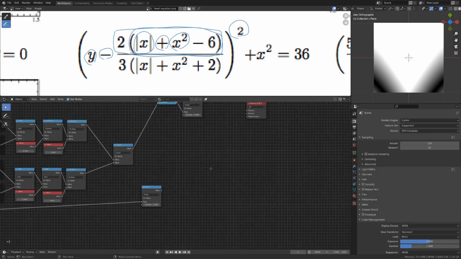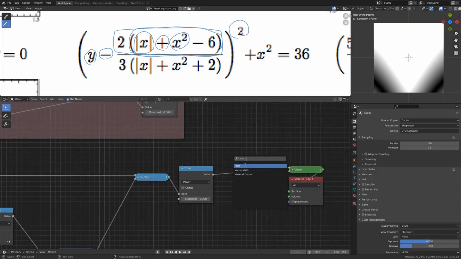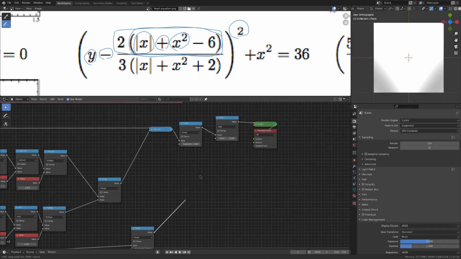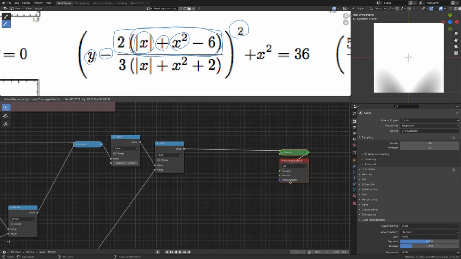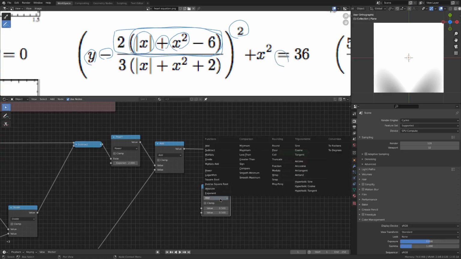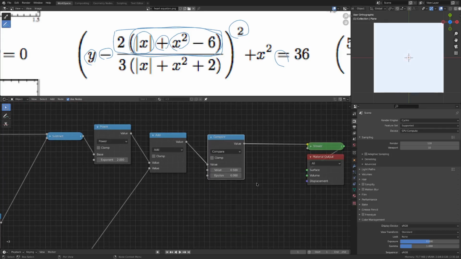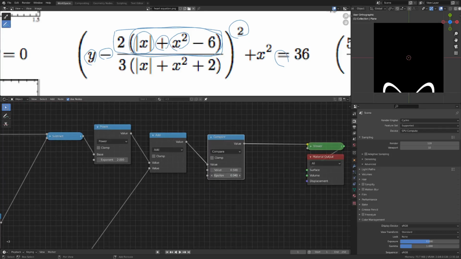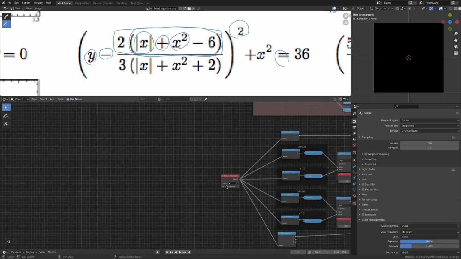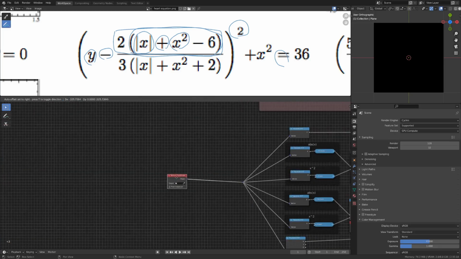So we're going to use a math add node, and we just made this weird looking thing here, and we can use equal, is math greater than, not greater than, compare with 36, and let's see how it goes.